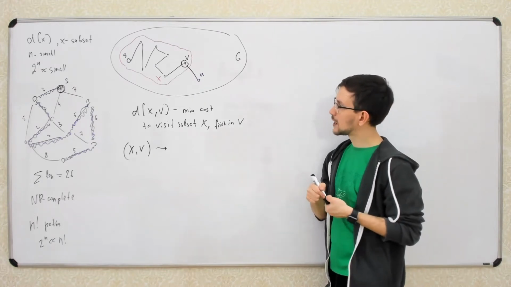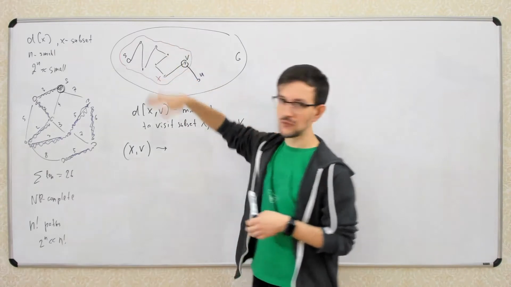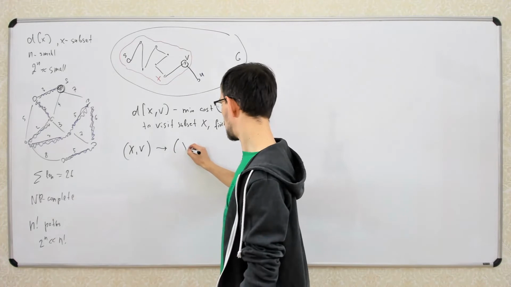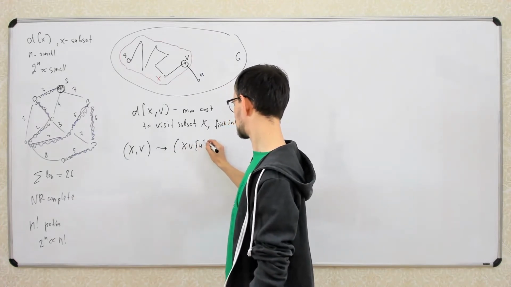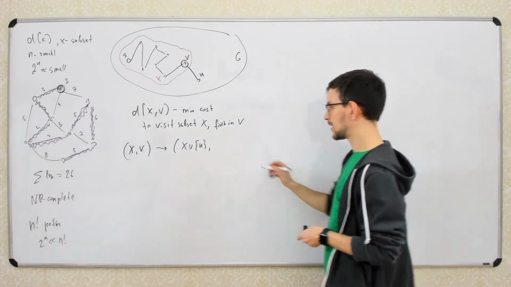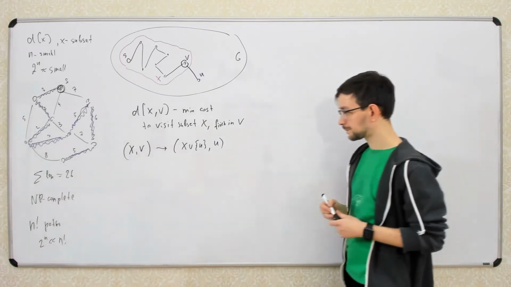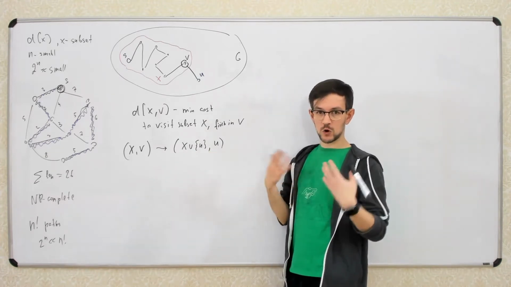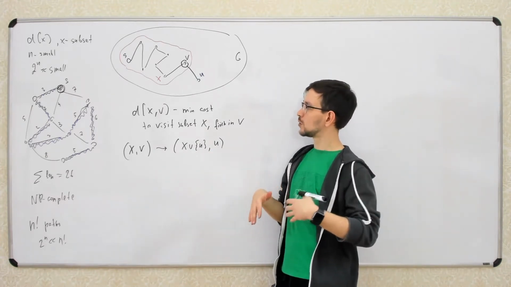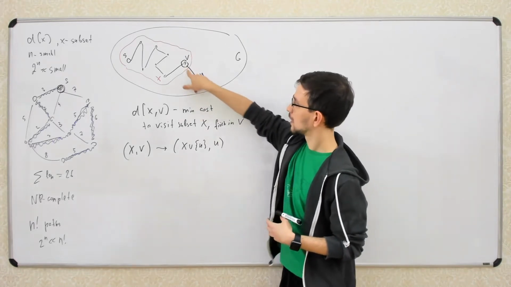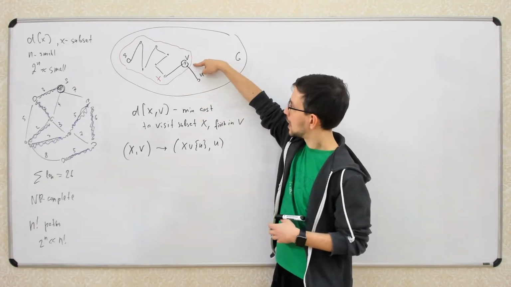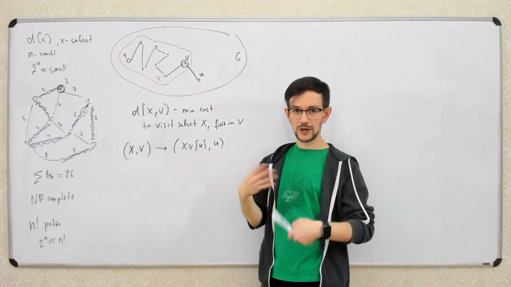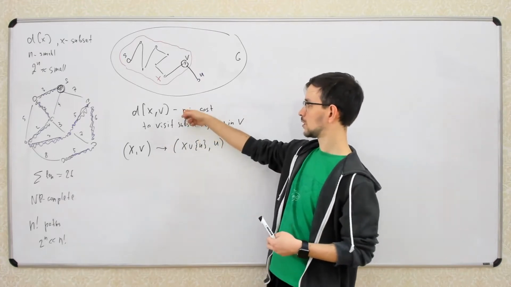In the next state, the set of vertices will be the same plus vertex U. So we'll have X plus vertex U, and the final vertex will be U. So these are the transitions of your dynamic programming. Each time you iterate all possible edges from vertex V and make a transition from this state to this state and recalculate the current minimum in this state.